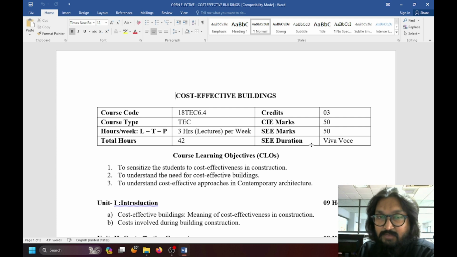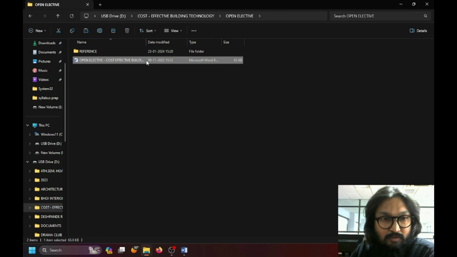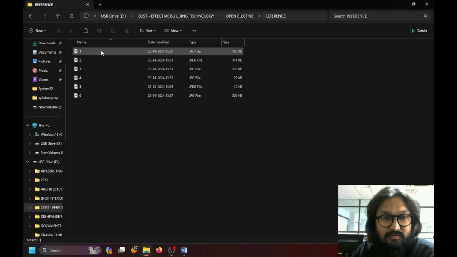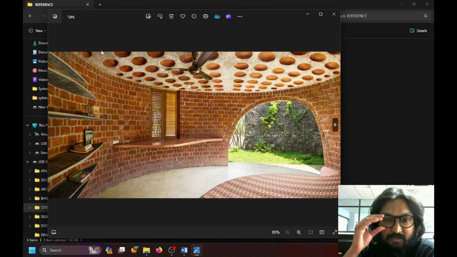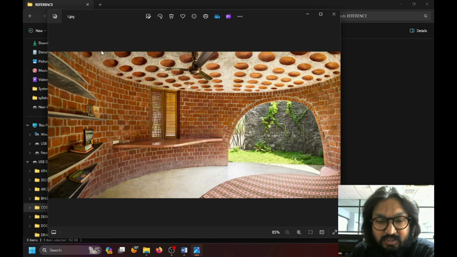Most of the times, they go hand in hand with each other. To help us in imagining what kind of structures we talk about when we talk about cost effective buildings, I'm just showing you certain slides.